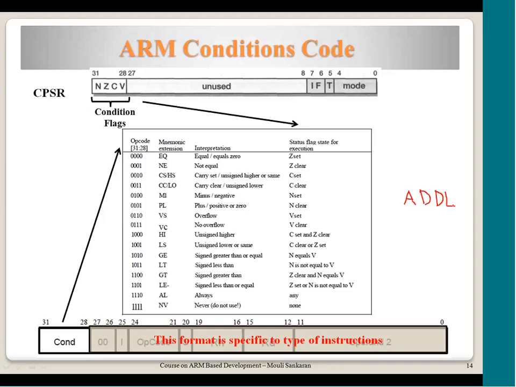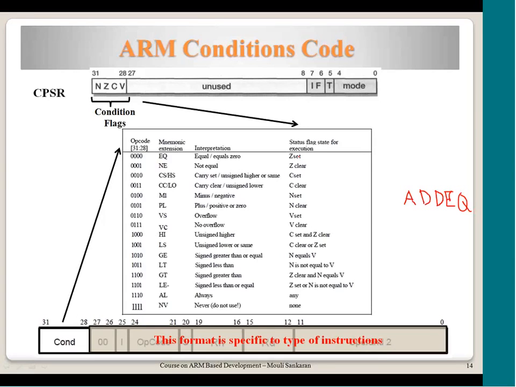Instead of just writing add, you write ADDEQ R0, R1, R2. What does it mean? It will be executed only when the zero flag in the CPSR is set, whether due to some other operation before.